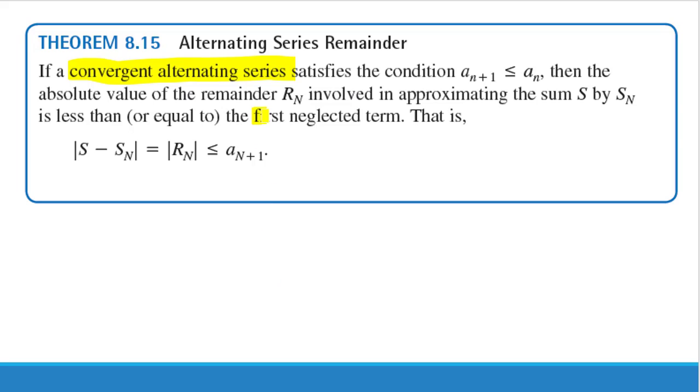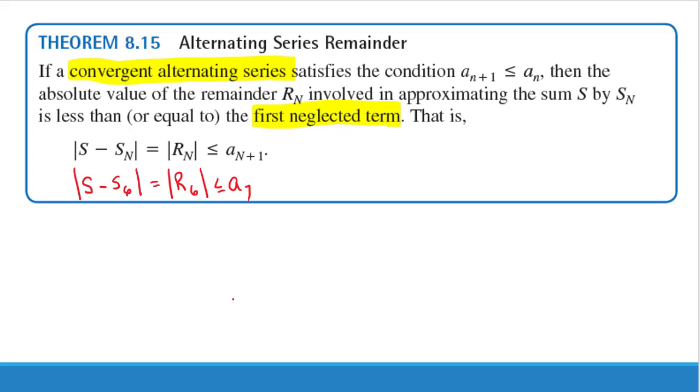Okay, so say I'm summing up, so S is standing for the actual sum. Say I'm summing up the first 6 terms. This is going to be the remainder, what's left over. So the actual sum minus my sum of my first 6 terms is going to be found in our 7th term.